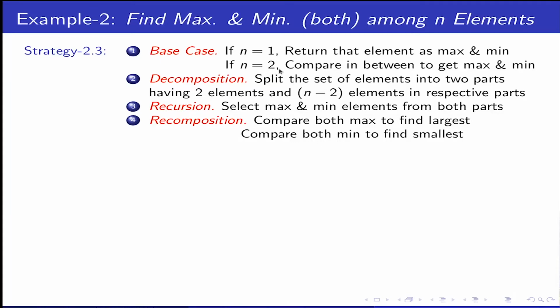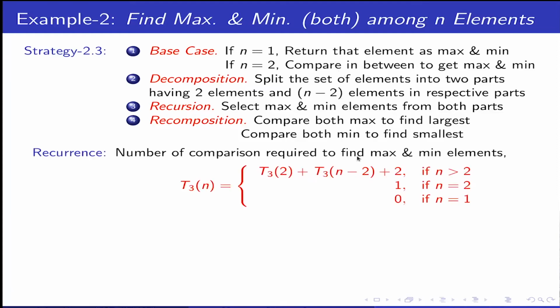So therefore, if I can reach up to 2 elements at a time, then there is one comparison I may save, which results in this recurrence. Let us see, this is our intuition. Let us try to prove it by our recurrence, that one side is T2, another side is T(n minus 2), plus 2 times the final recomposition step.